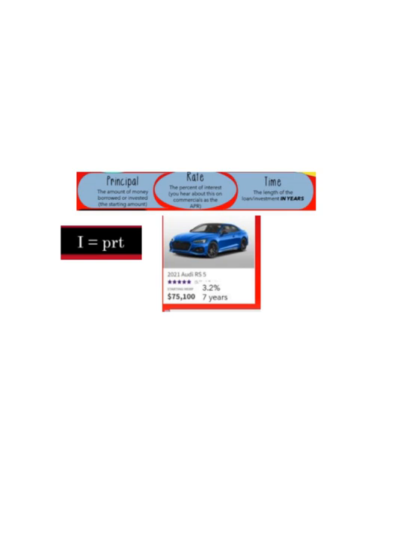All right. So here you have a 2021 Audi RS5. $75,100. Woo. So our principal is going to be 75,100.